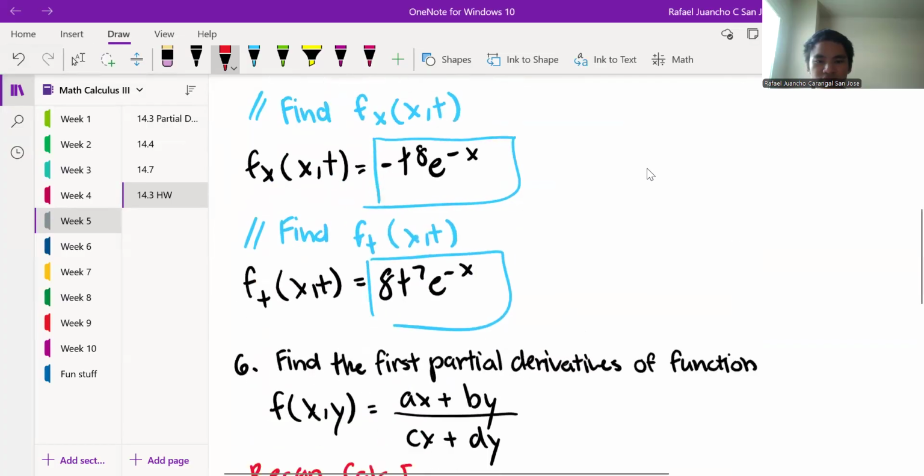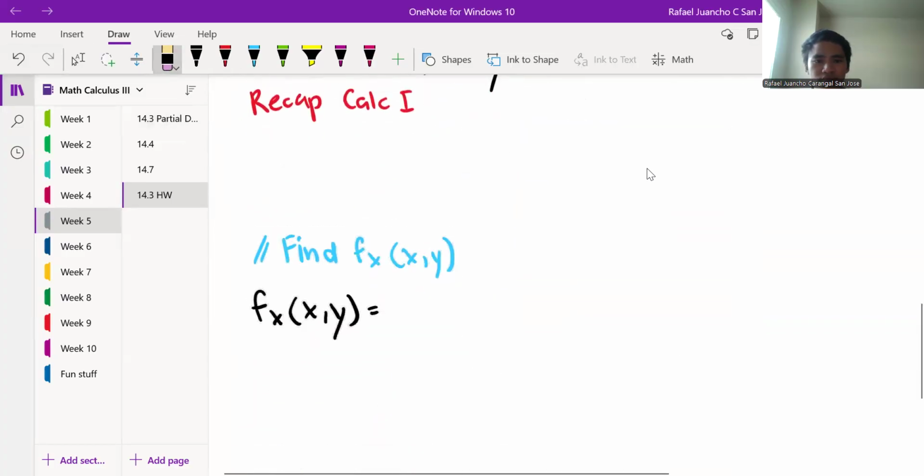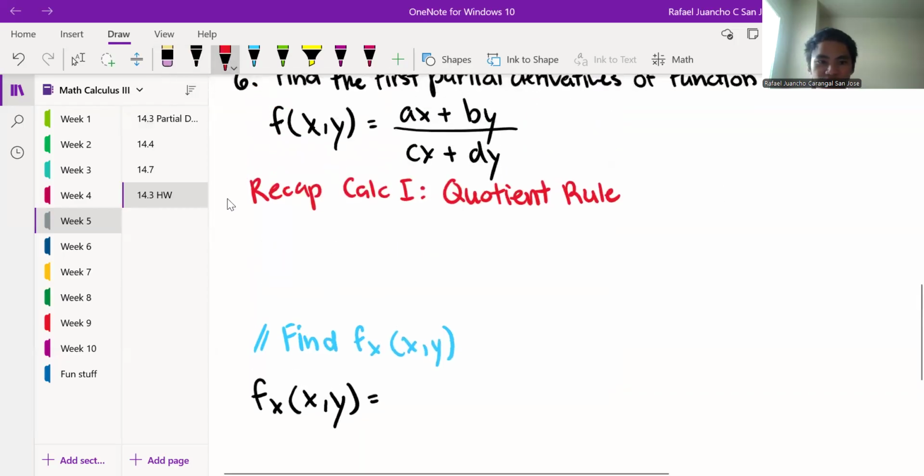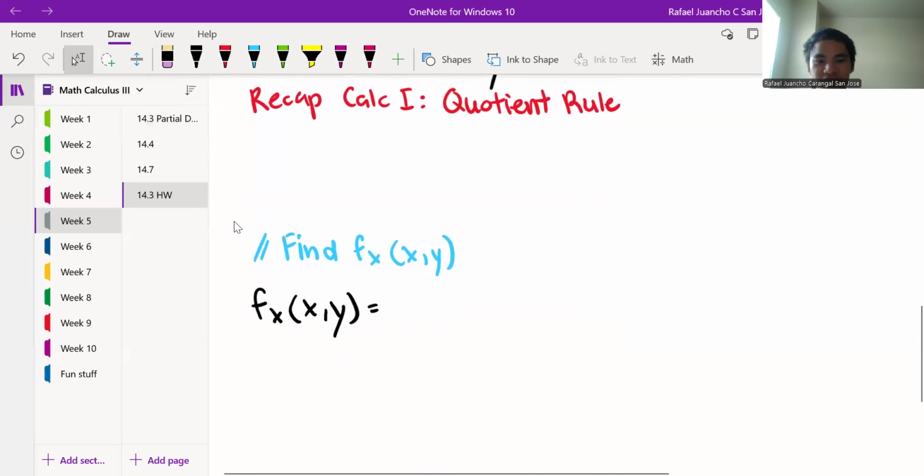Okay, I'm going to do it for a single variable. So here we're going to say quotient rule, which is one of those techniques. And there's actually a nice mnemonic here, which I'm going to explain in a bit. This is something I used to remember quotient rule specifically.